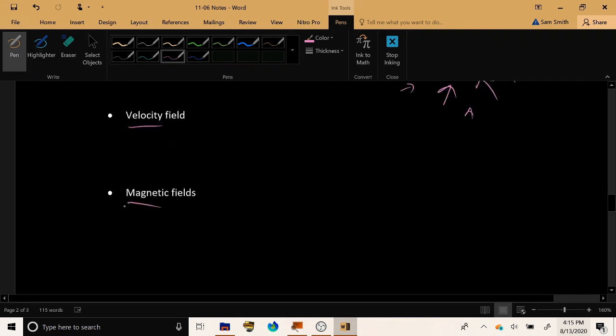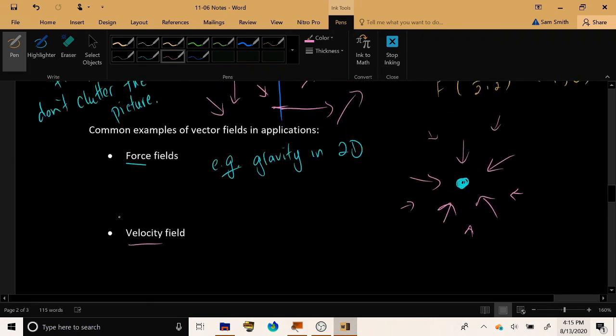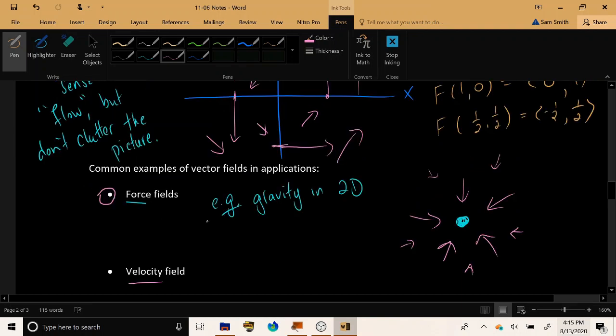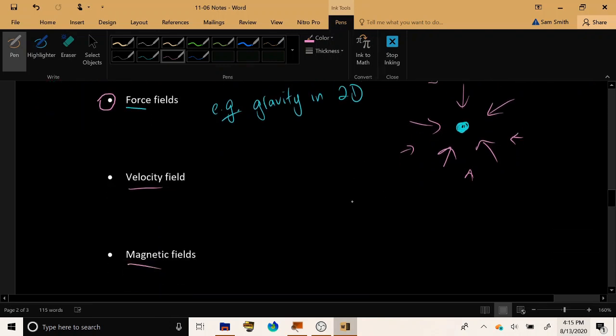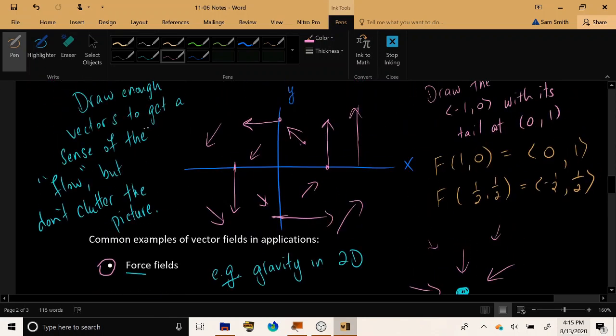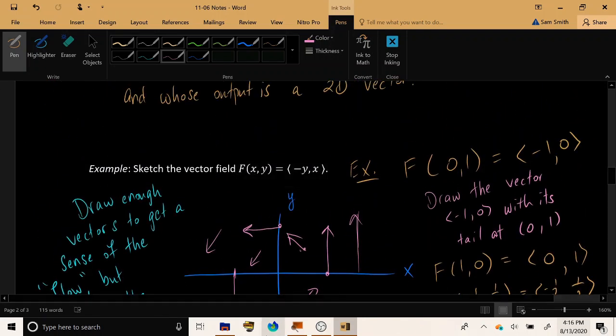We'll see applications of the techniques of vector fields in particular to force fields. This will be our focus in terms of applications for this course. But as you go into physics and potentially engineering, especially electrical engineering, you're likely to see these other two show up quite often as well. Now tomorrow we'll get into more detail. Today was just an overview.